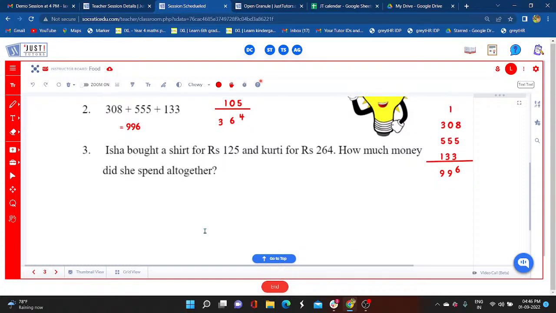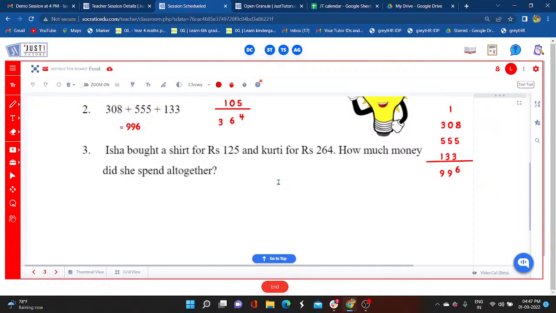Isha bought a shirt for 125 rupees and a kurti for 264 rupees. How much money did she spend altogether? So here we have to add. We can first try writing the statement that amount of money spent on the shirt is equal to 125 rupees.